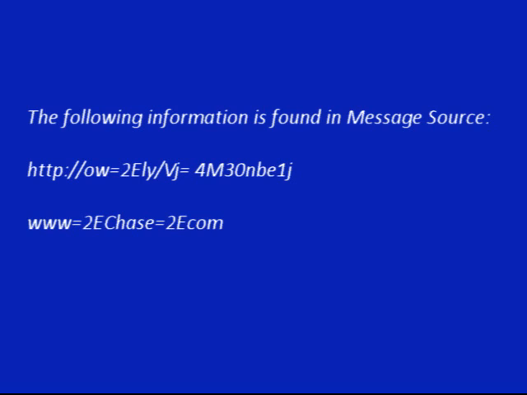And the second line that you see in the message source is what actually shows up in the text, which is kind of a spoofing thing, where it's www.chase.com, where the equal to E corresponds to a dot in the actual email text itself.